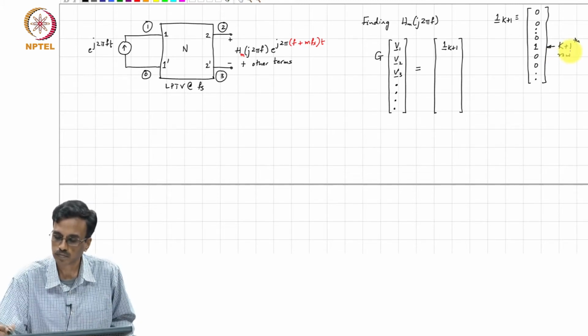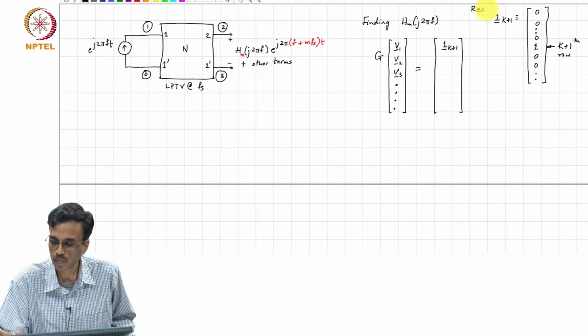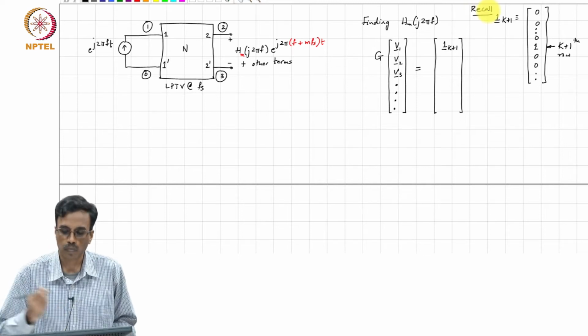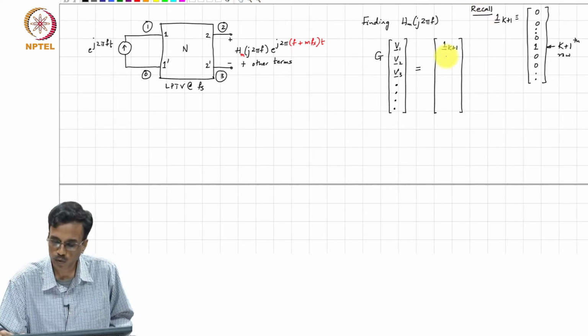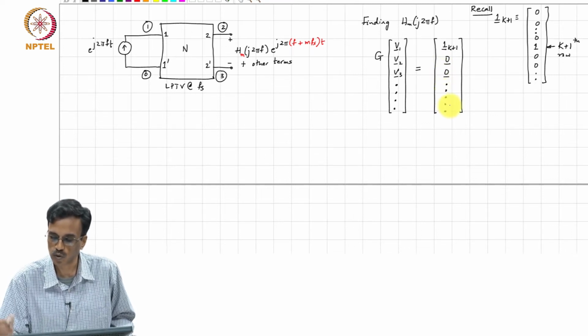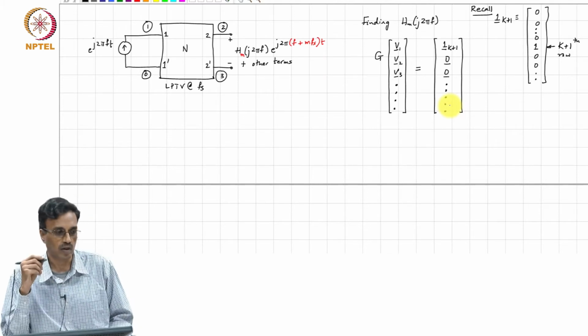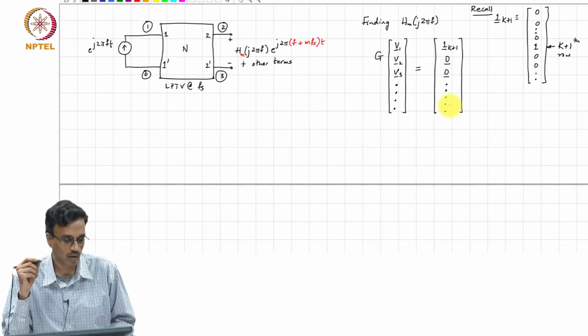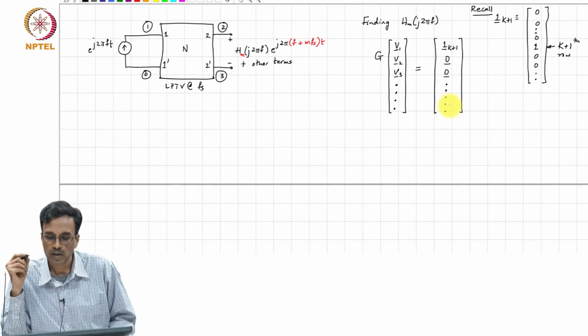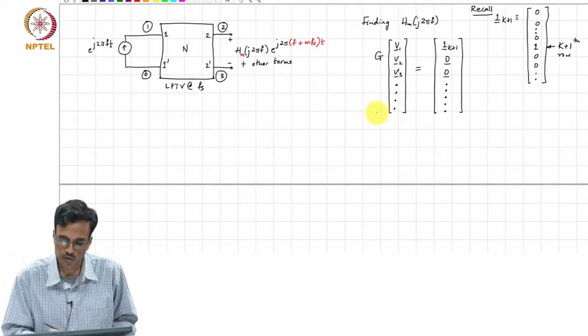Okay. All right. And what will all the other column vectors on the right side be? They will all be 0, where each 0 is basically a 2K plus 1 cross 1 matrix, right.